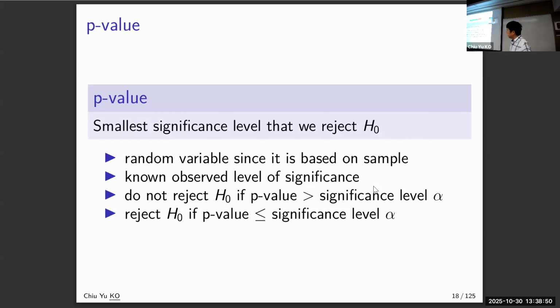And the p-value, instead of looking at the critical value, where the region between rejection and acceptance is, looks at, suppose we adjust this level of error, the smallest level at which you just reject.